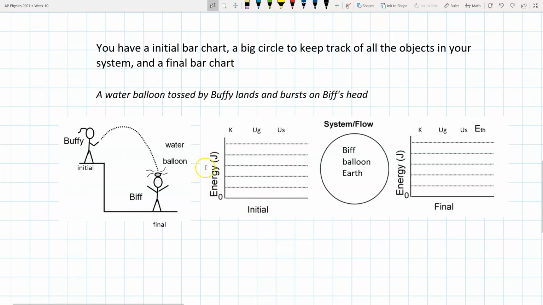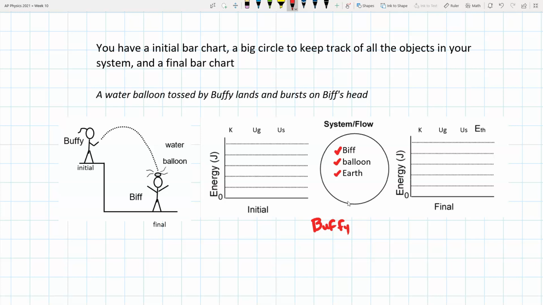That's going to be in the leftward bar chart. Okay, this circle right here in the middle, this circle is made to keep track of all the objects in our system. So right now, the system only has Biff, the water balloon that is getting thrown, and Earth. So you can notice Buffy, the initial Buffy, and this is just for an example, but Buffy is not in our system right now. She is outside of the system.